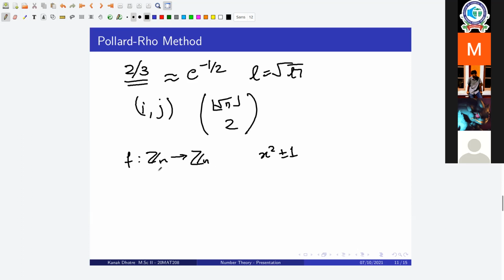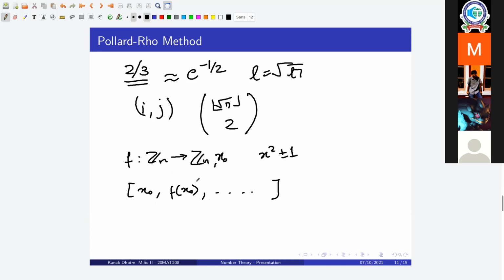And you start with some initial guess, say x naught, right? And I define a list where the first element would be x naught, then it will be f of x naught, and then I keep going recursively. So the third one would be f of f of x naught, and so on and so forth, right?